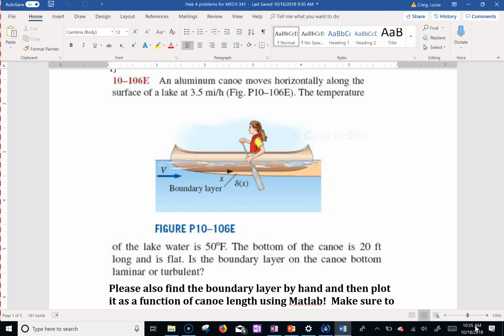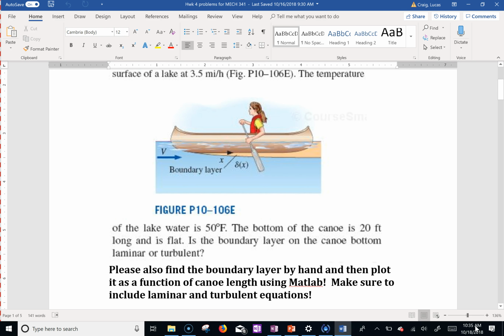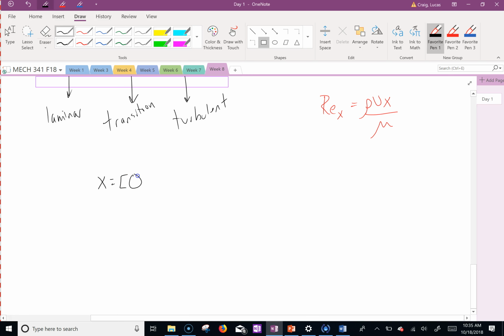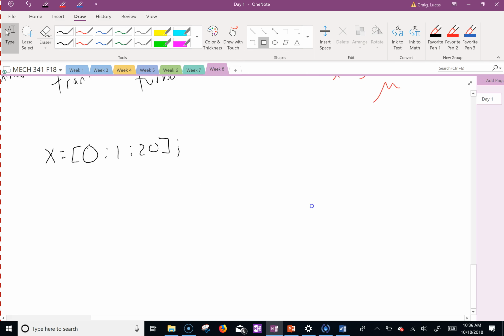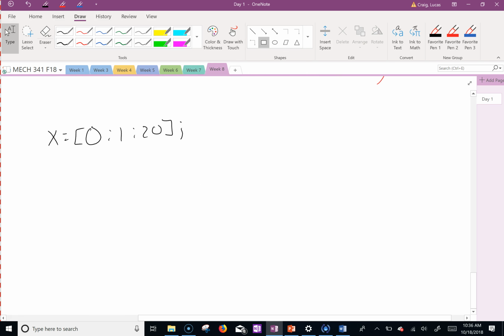What I want you to do is create a code that plots it, but you need to check: is it laminar or turbulent? So it's 20 feet, so X is going to go from 0 to 20.